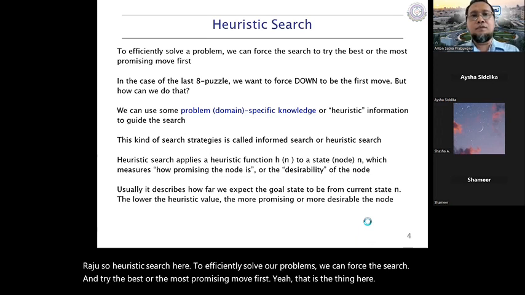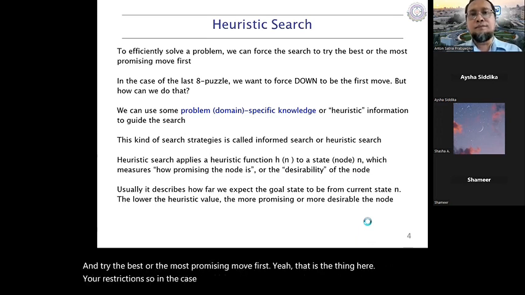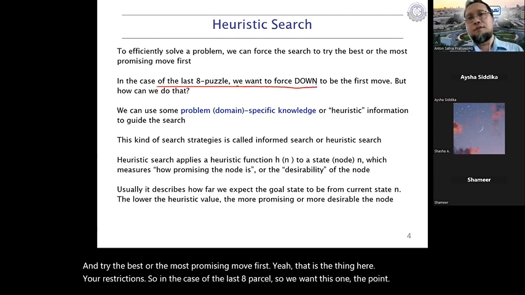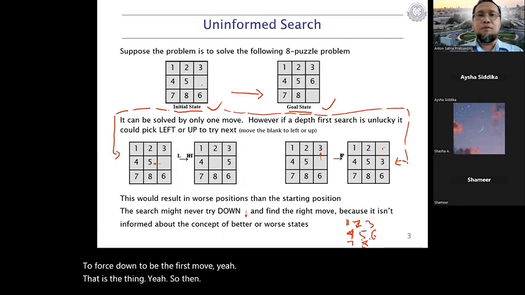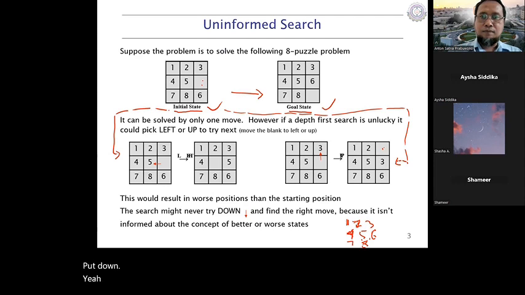So in the case of this 8 puzzle, we want to force down to be the first move. Yeah, we want to force down this one, put down, and then 6 will be up, to be the first move.